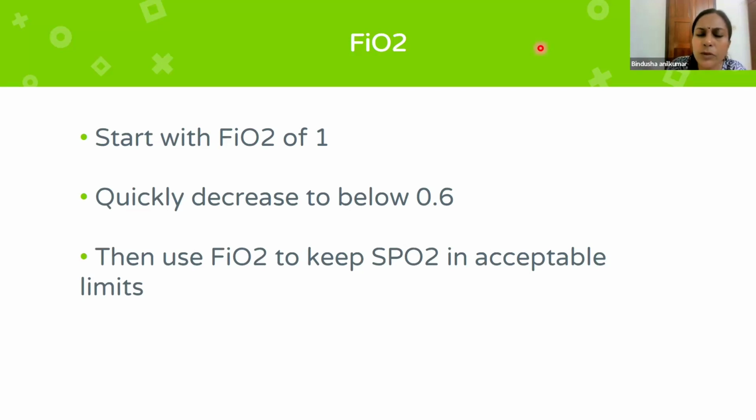After 0.6, you keep an FiO2 to maintain an SpO2 within acceptable limits. That will actually vary depending upon the patient's condition. Usually, for a normal lung or a mildly diseased lung, we will accept an SpO2 somewhere between 94 to 98%. Never aim for an SpO2 of 100%.